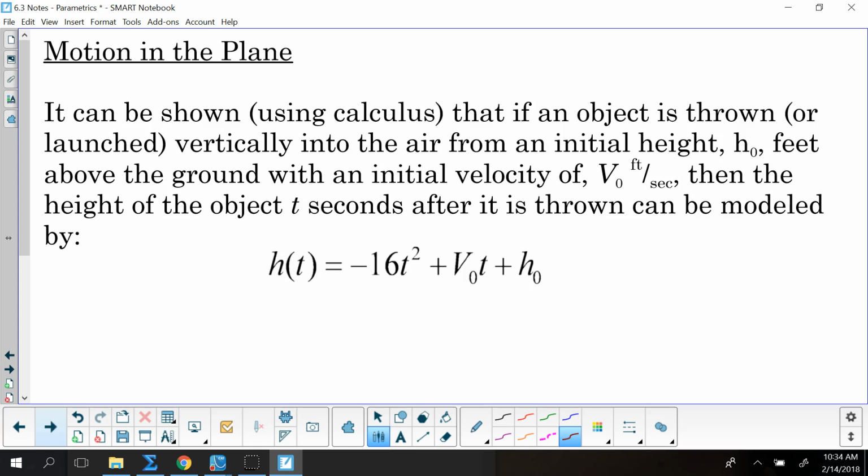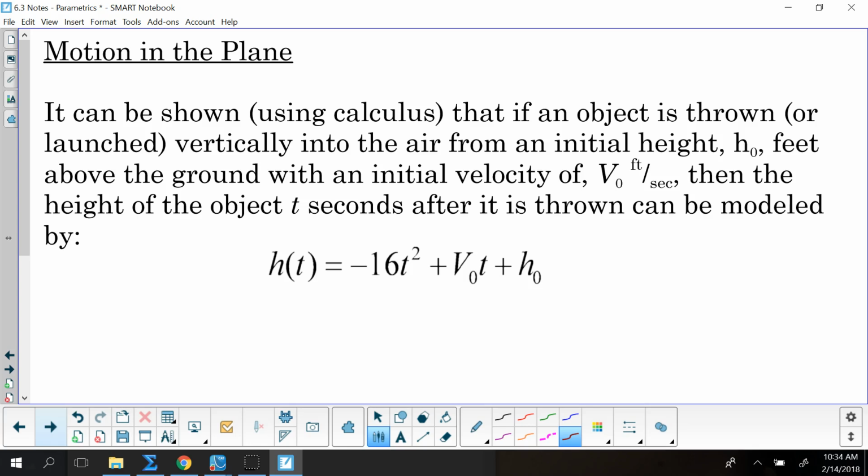Throw it up, it comes back down, and it follows that same path, right? Okay? So as you go on in mathematics, you will get to a point where you will actually derive this formula. You'll come up with this vertical motion formula.